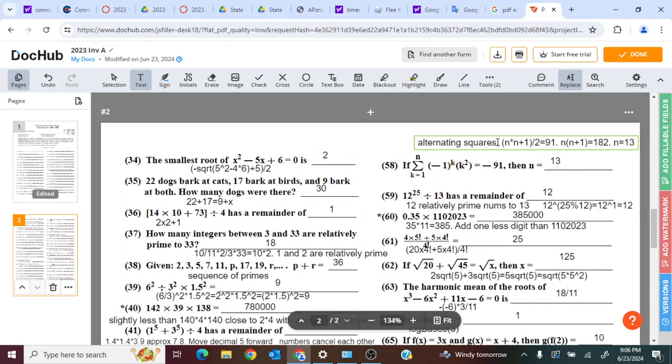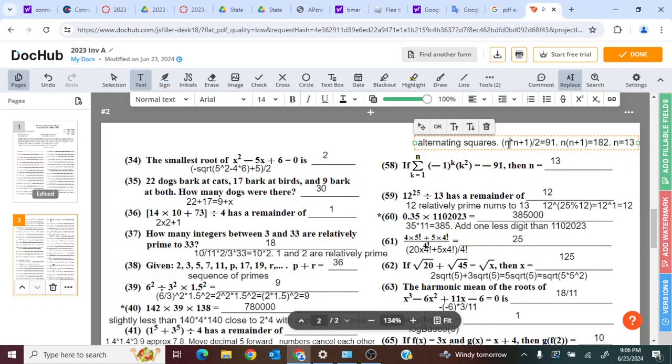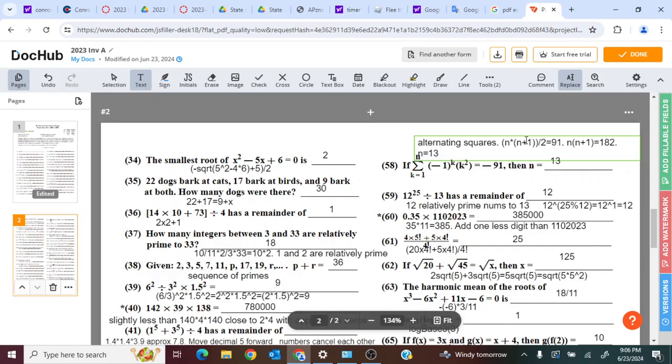58, this is sum of alternating squares, which means your equation for that is your last term times 1 plus your last term, order of operations, over 2 is equal to that 91 or negative 91. It doesn't really matter in this case what it ends with because it's not relevant to solving it.